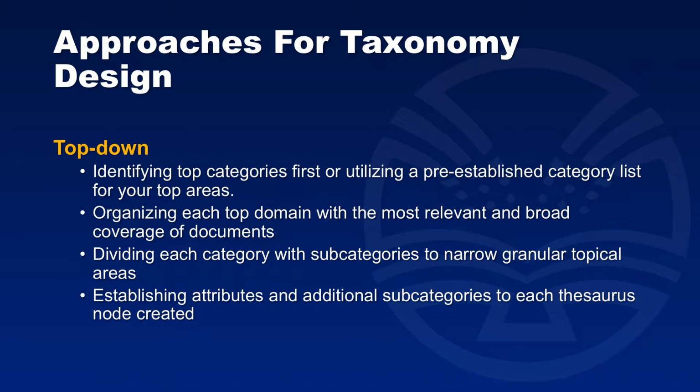So a couple of approaches to taxonomy design are what we kind of refer to as top-down and bottom-up. Realistically, it's not the top-down and bottom-up computer science techniques, but it's kind of used in our own ways in-house. So for the first way to identify key areas of the vocabulary, we have a top-down approach.